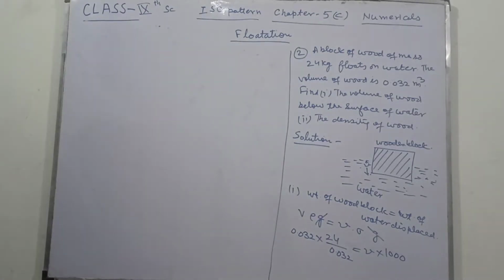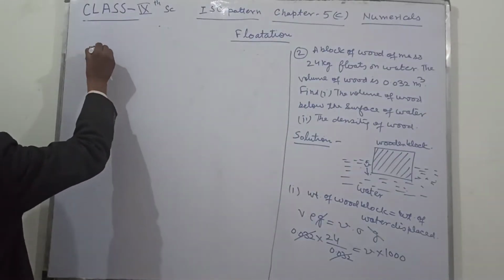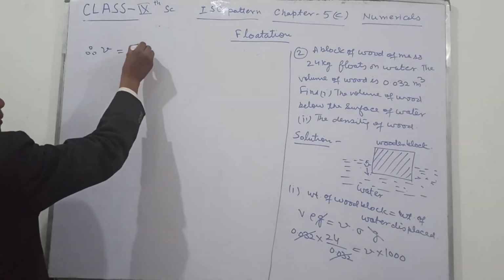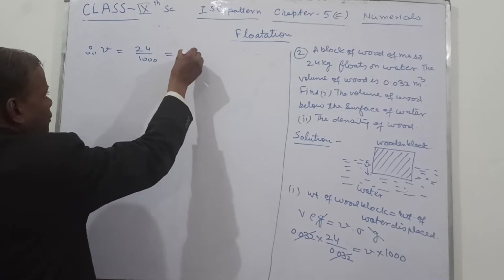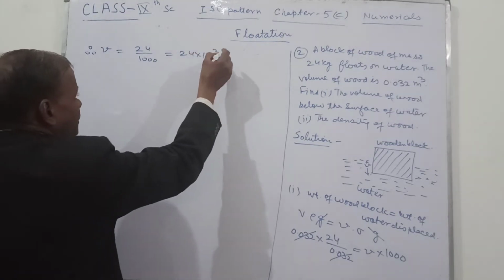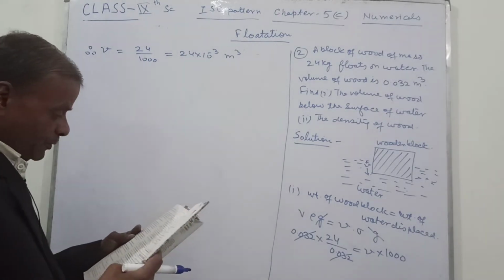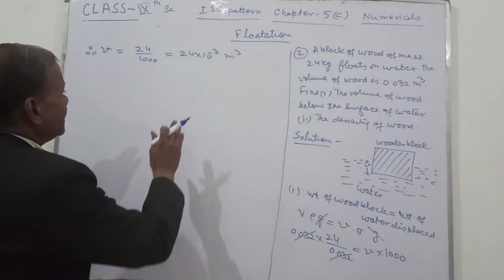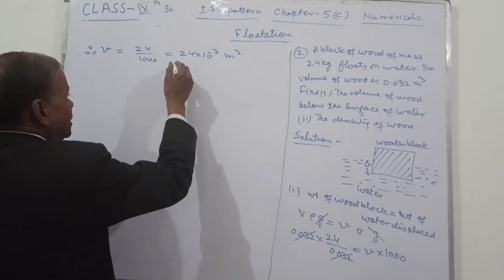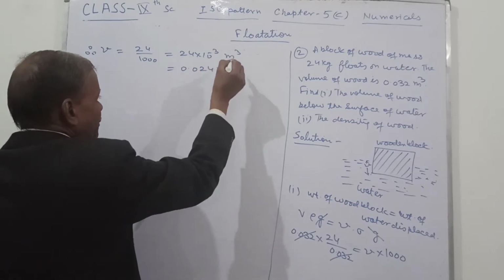So from here V is equal to 24 upon 1000, which is 24 into 10 raised to the power minus 3 meter cube, or 0.024 meter cube.